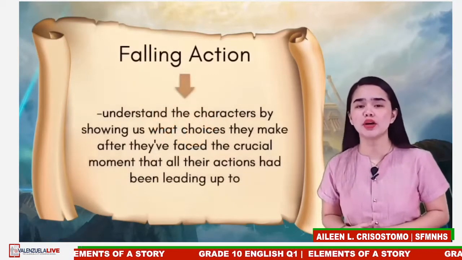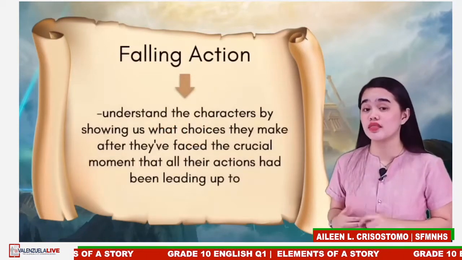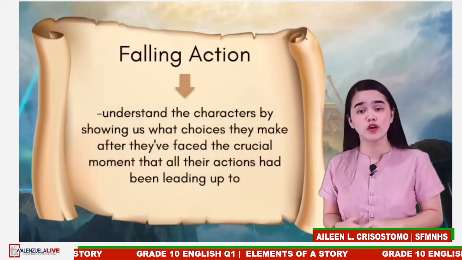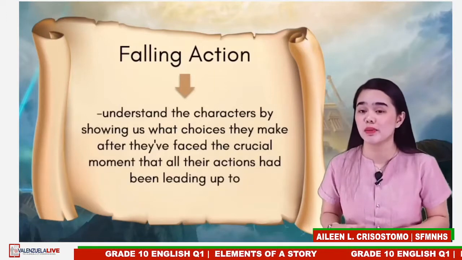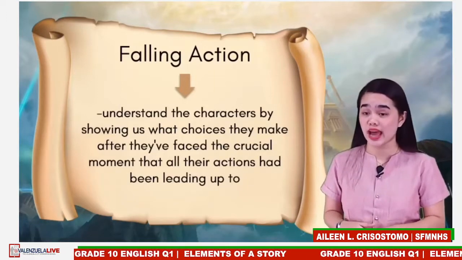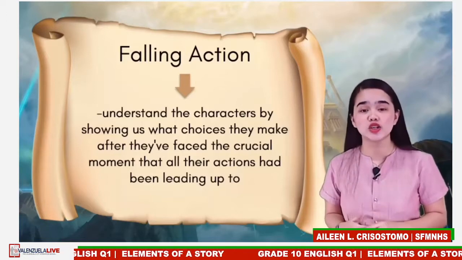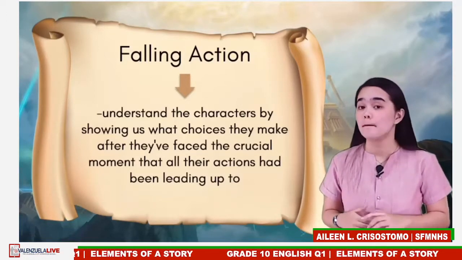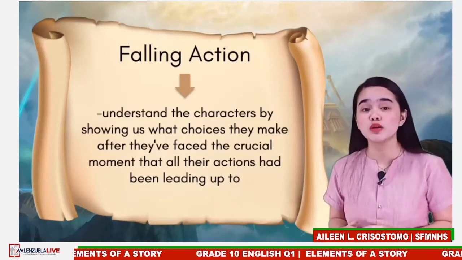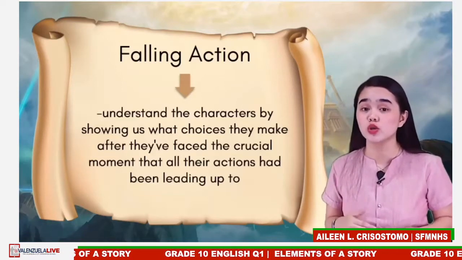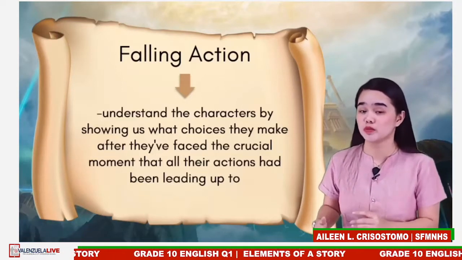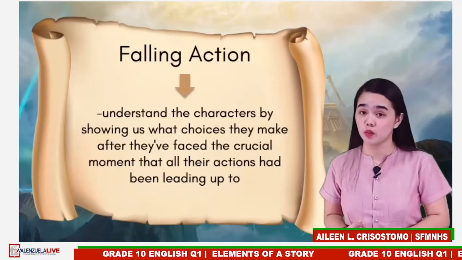You would remember in our previous session I mentioned that the falling action helps us more fully understand the characters by showing us what choices they make after they face the crucial moment that all their actions had been leading up to. Most probably, the crucial moment is when Orpheus chose to look back at Eurydice, which made them fail to reunite with one another.